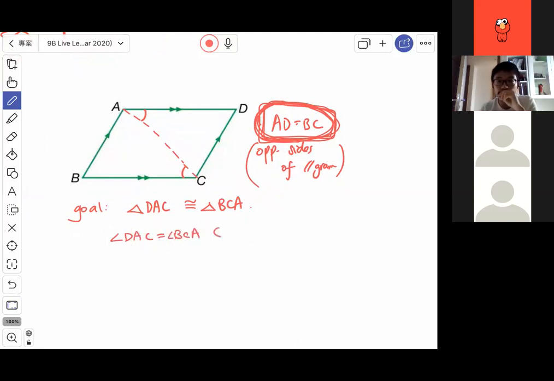The reason is... 我問 Sting 先，Sting reason。Sting 瞓醒未啊？Sting 唔開咪啊，誒答咗我 alternate angles，OK，and then alternate angles what equals?